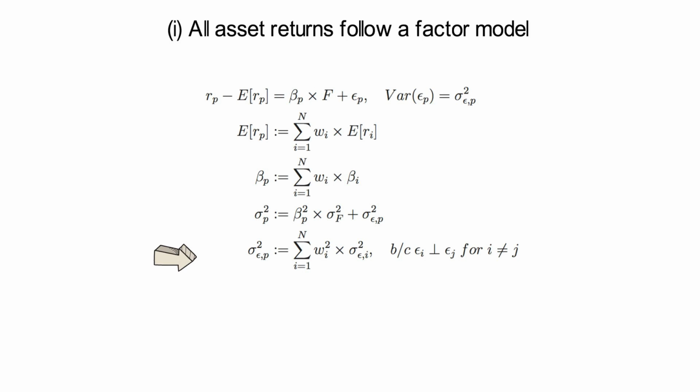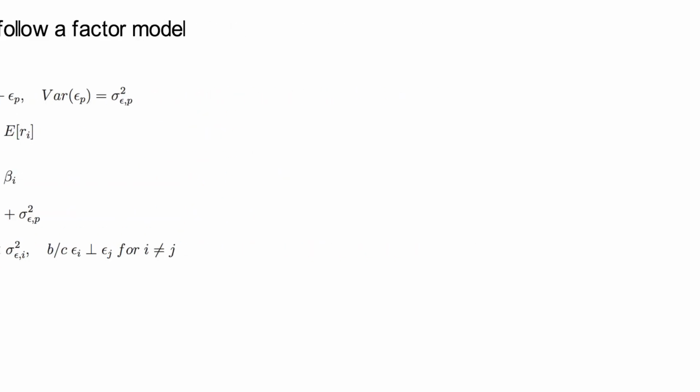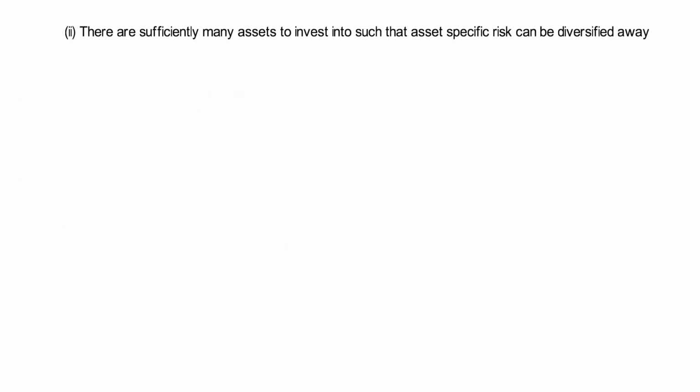These are firm-specific shocks. Now assumption 2 of the APT implies that N, the number of assets in the portfolio, is sufficiently large so that we can say that the variance of epsilon P goes to 0. It's easy to visualize that last claim for the equal weight portfolio.